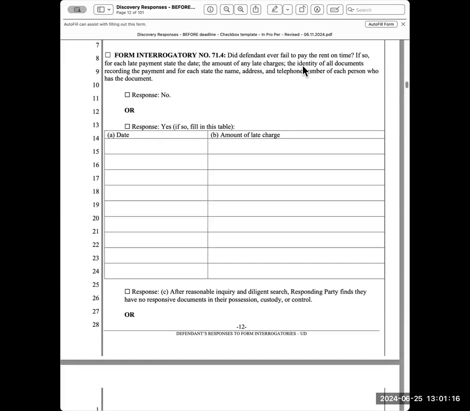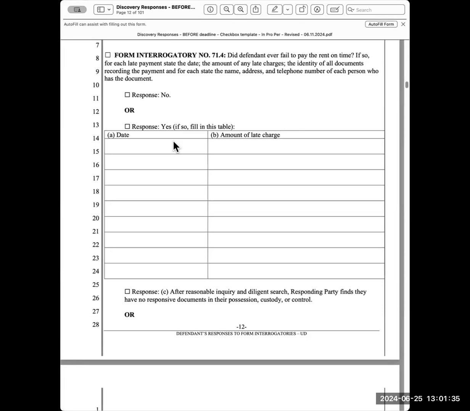You want to fill it out to the best of your ability, going back to the beginning of your tenancy. But specifically, you want to make sure you cover, if you can, the 12 months before the notice, or longer if the amount demanded in the notice goes beyond 12 months.